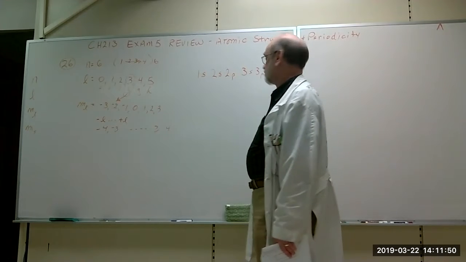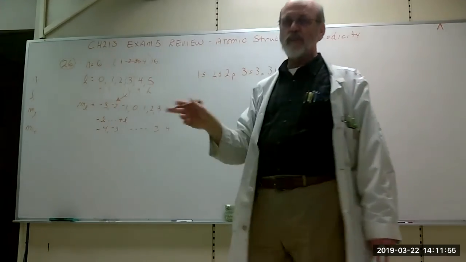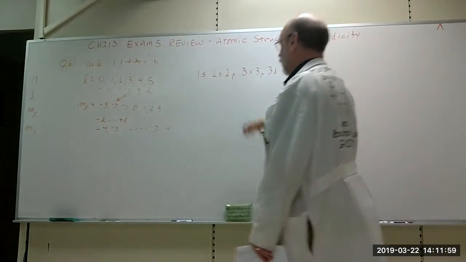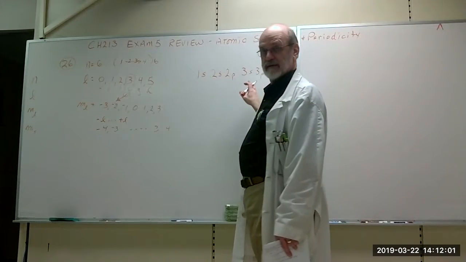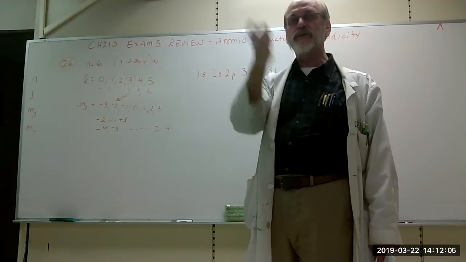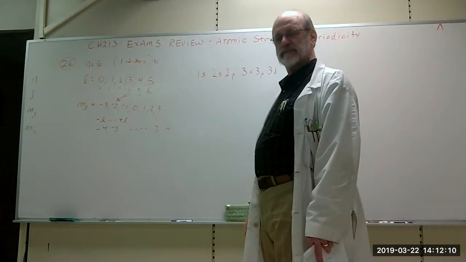Okay. So if we wrote 4 out there, now we're getting to the point where we need to go back to that diagonal diagram, because they don't fill in the order that we write them necessarily. They fill in the order of that diagonal, which tells us the actual energy arrangement.